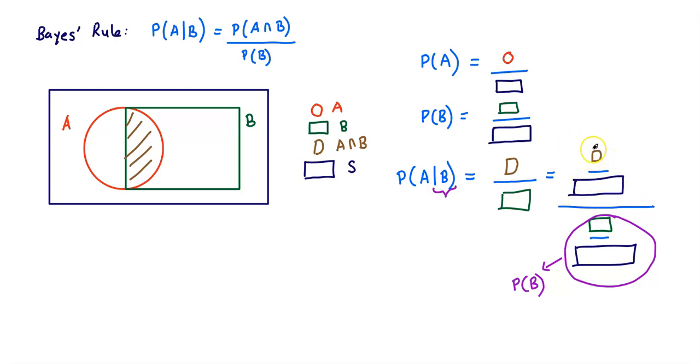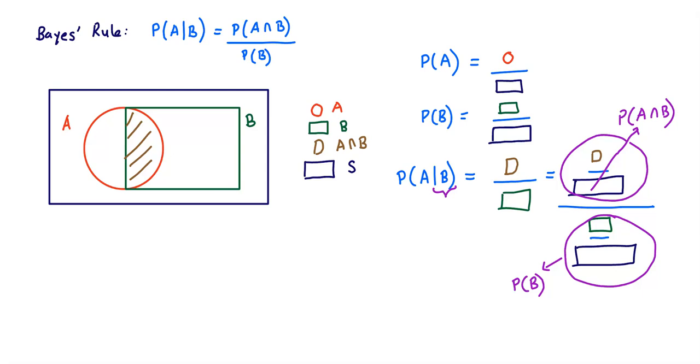It's the ratio of the semicircle to the bigger rectangle. That is nothing but the probability that the dart lands in the semicircle, and that is nothing but the probability of A intersection B. So this part is nothing but the probability of A given B, right?